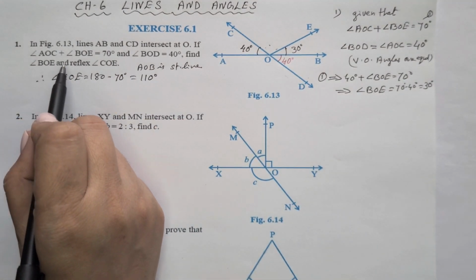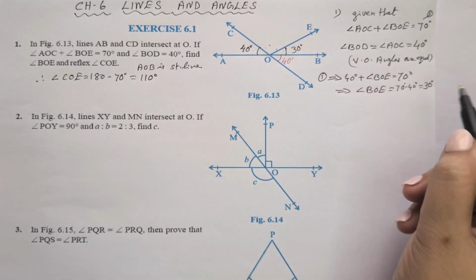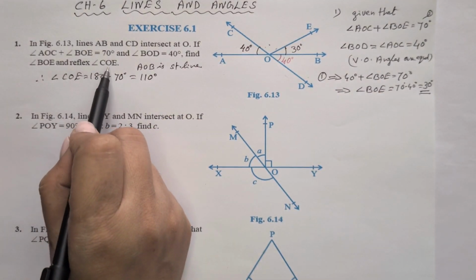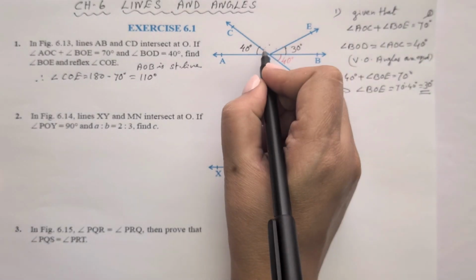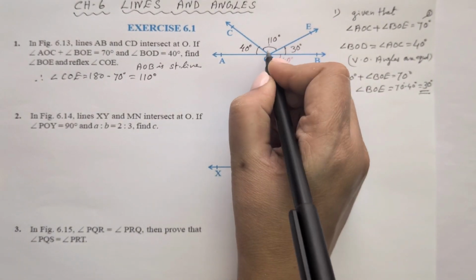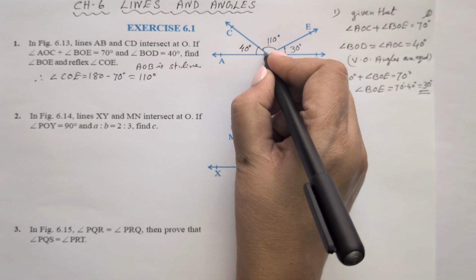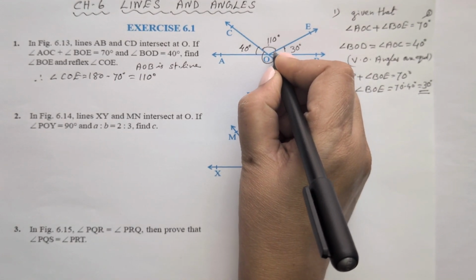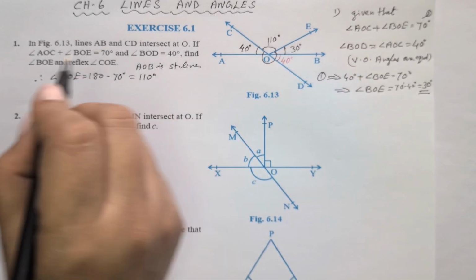Now what we have to find? Angle BOE. Angle BOE we already got, that is 30 degrees. Then reflex of angle COE. This angle is 110. And reflex angle means the total, it is coming in a circle, 360. So 360 minus 110.